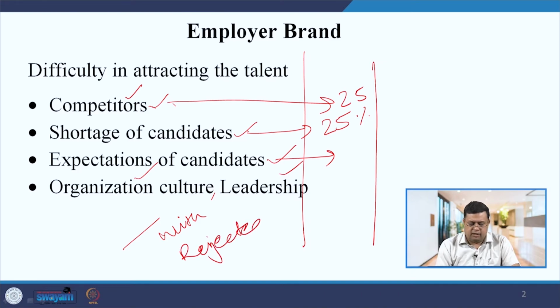Every year you take a lot of interviews, so you are rejecting candidates also. You can survey those who have been rejected, see what they believe, and based on that understand the difficulties in attracting talent.